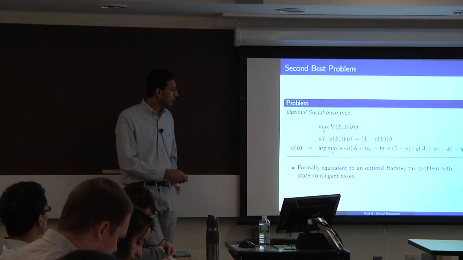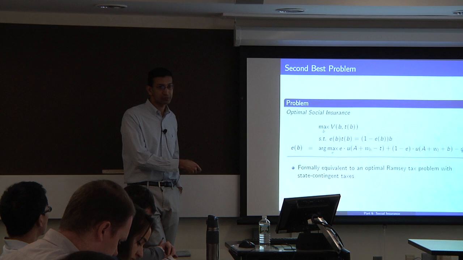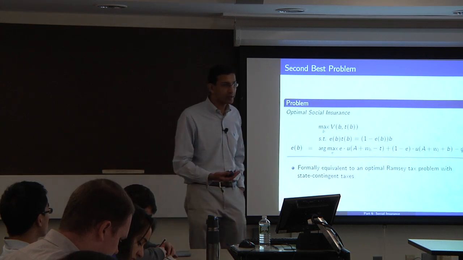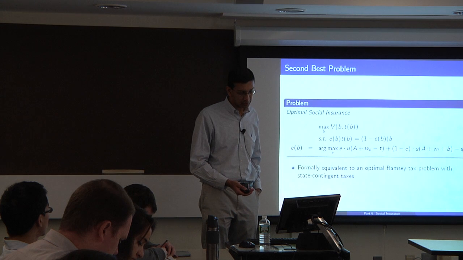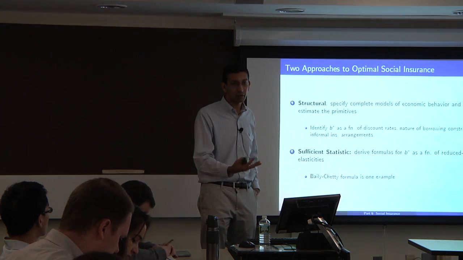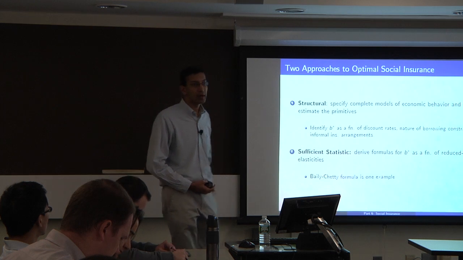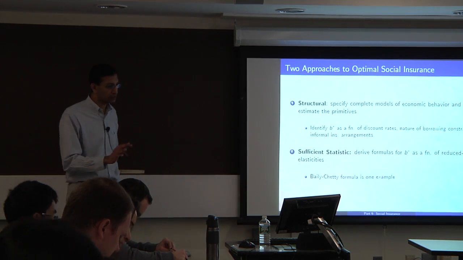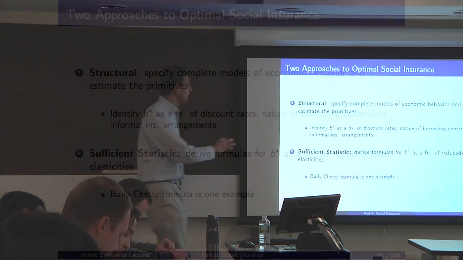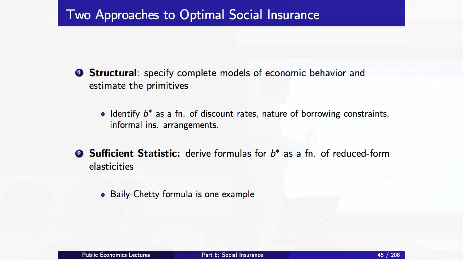Okay, so let's think about how we go about solving this problem. So we've talked many times in this class about different approaches that you can take. Let me just remind you, as in all the other literatures, there are two high-level sorts of approaches that people have taken. One is you can think of as a structural approach, which is to specify a complete model of economic behavior and estimate the primitives of that model.